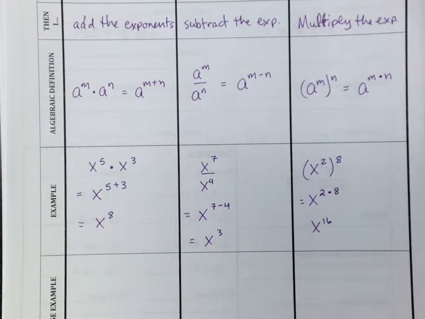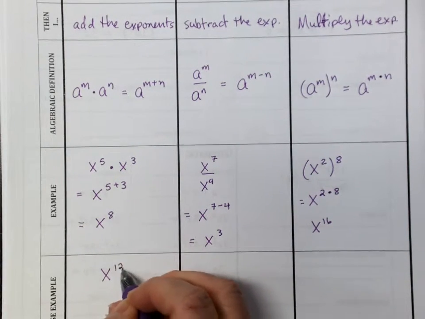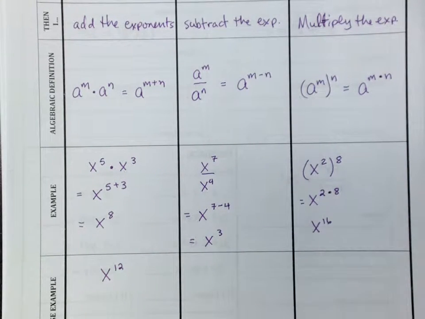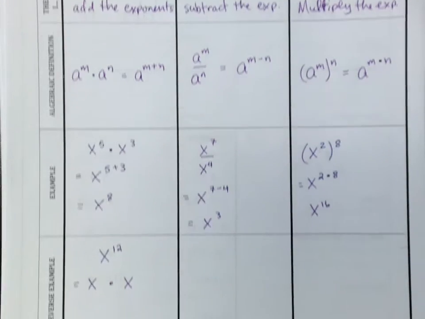Now, we're going to be taking those same rules and reversing the process, because working with radicals in Chapter 11 is an inverse operation, an opposite operation to exponents. So let's say we started with x to the 12th. Okay. Now, let's say we wanted to break that up into 2 x's.